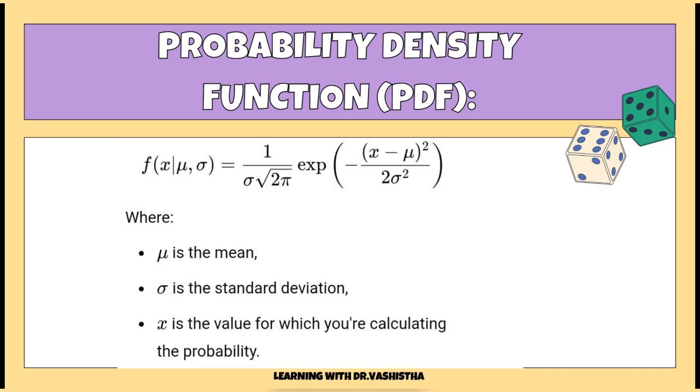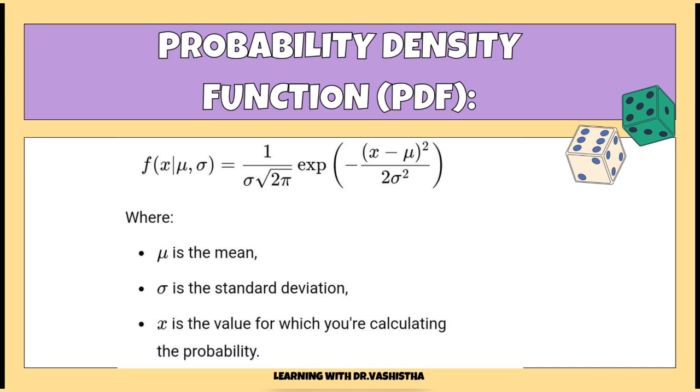So now what is the probability distribution function here, since it's a continuous distribution? So PDF or probability distribution function is used to specify the probability of a random variable falling within a particular range of values as opposed to taking any one value.